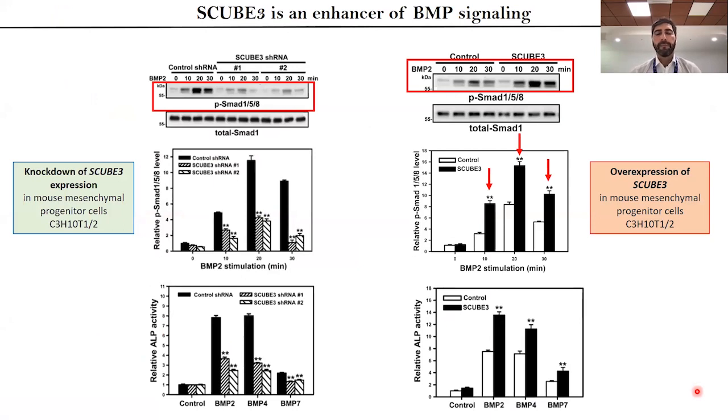In the next slide is the experiment in which we tried to understand whether SCUBA3 could affect the BMP signaling. First, we knocked down SCUBA3 in mouse mesenchymal progenitor cells, and we realized that the downstream signal was definitely reduced.